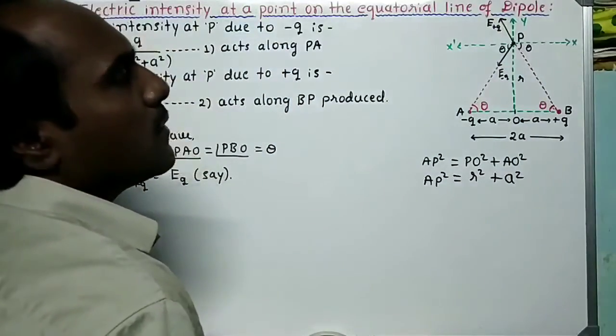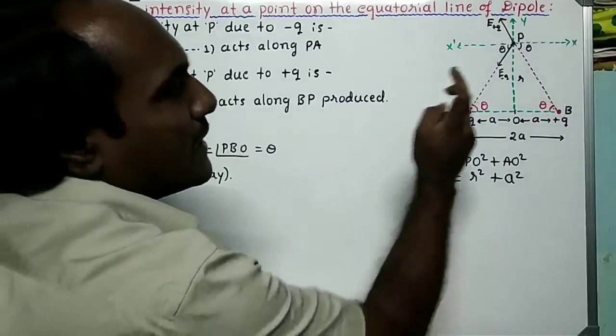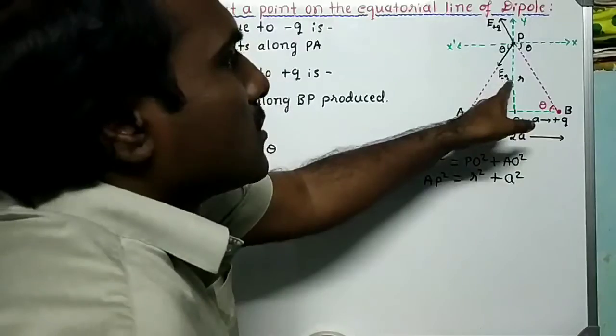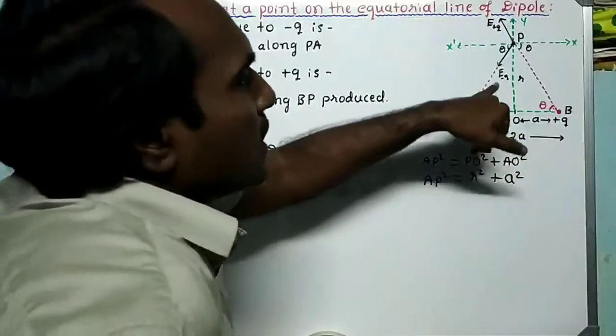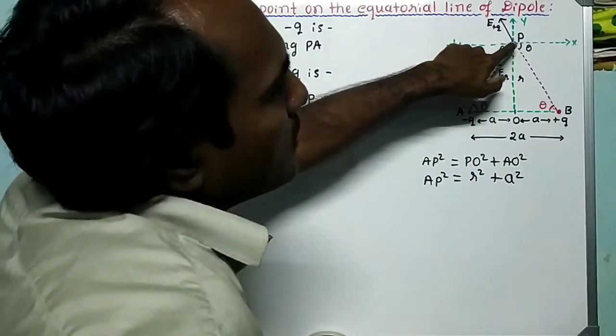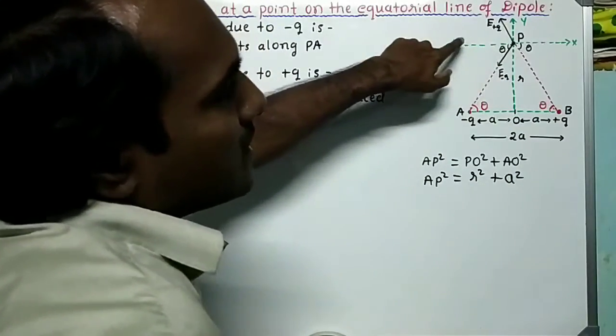Keep in mind, electric field or electric intensity is a vector quantity. Here E minus Q, which is equal to EQ, is a vector quantity. It is making an angle theta with the horizontal direction, the x-axis.